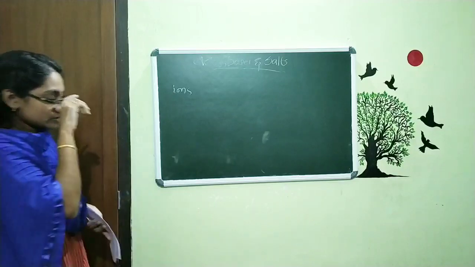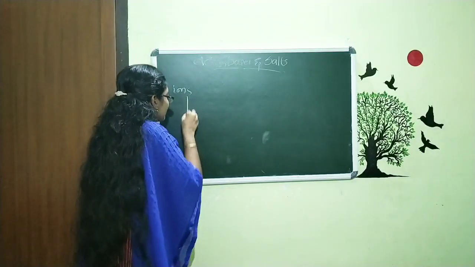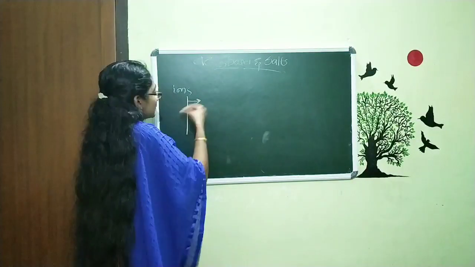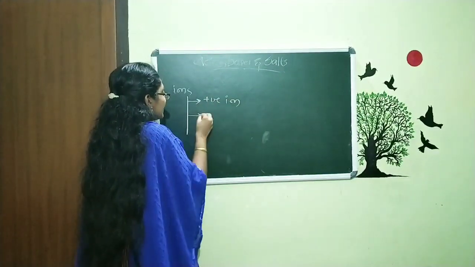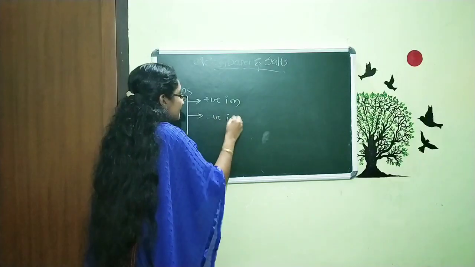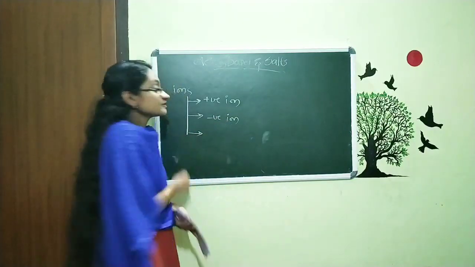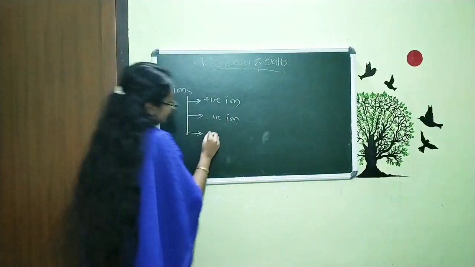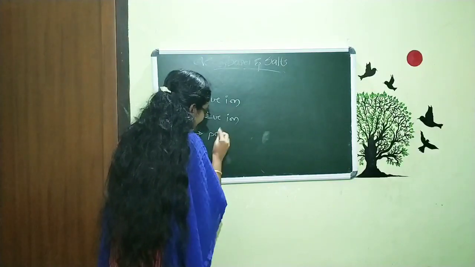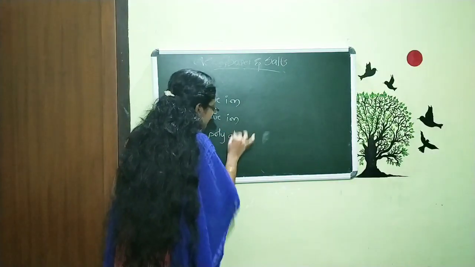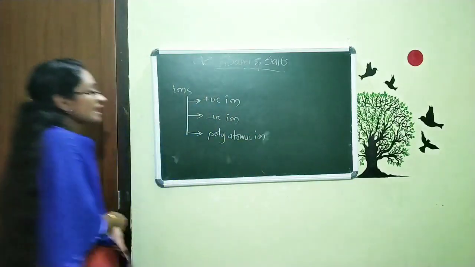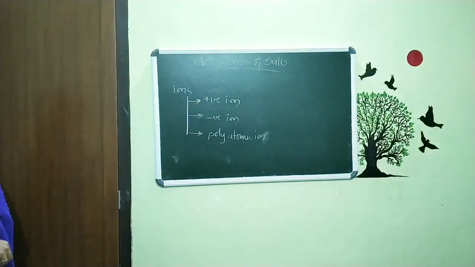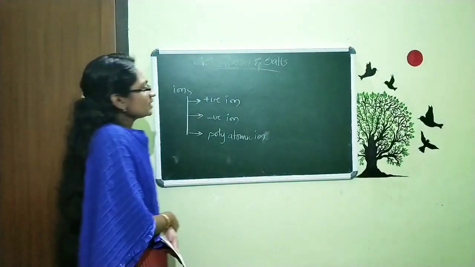We have 3 types of ions: positive ion, negative ion, and also polyatomic ion.